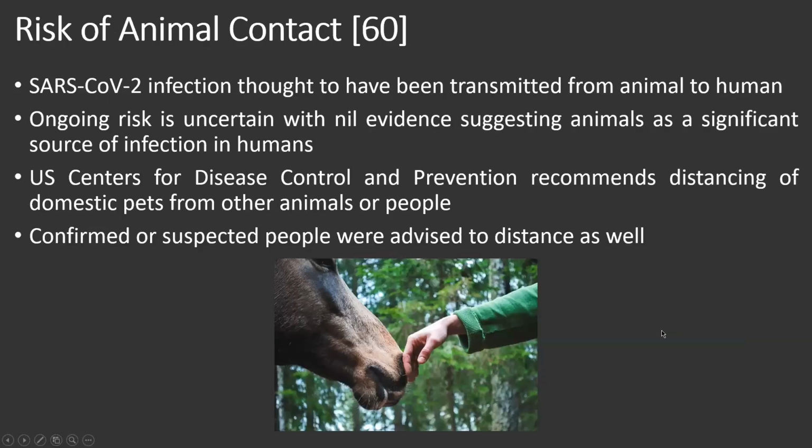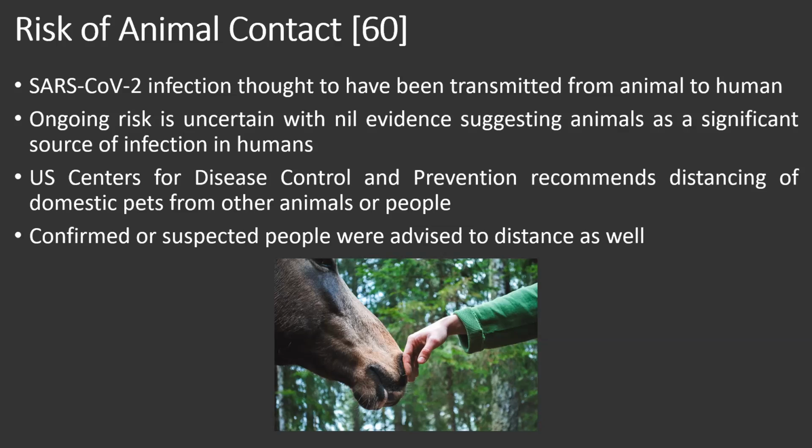With regard to the risk of animal contact, SARS-CoV-2 infection is thought to have begun its course of transmission to humans via an animal host, but the ongoing risk of transmission via such contact is still uncertain. In fact, there is no evidence suggesting that animals, including domesticated animals, are a significant source of infection in humans.